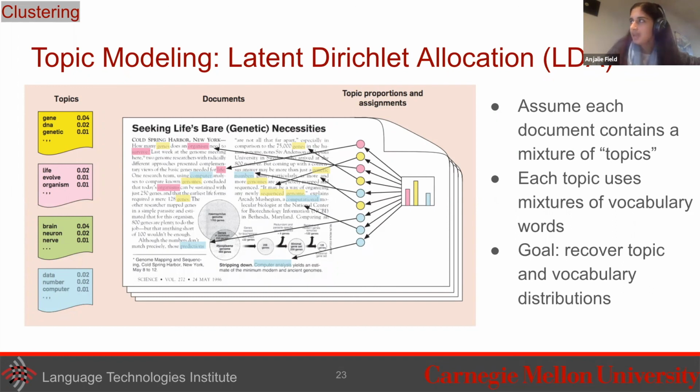The idea behind topic modeling is that it's a fully unsupervised approach in which you assume that each document in your corpus contains some mixture of topics. Each of those topics uses some mixture of vocabulary words, and your goal is to recover the topic and vocabulary distributions for the documents in your corpus.